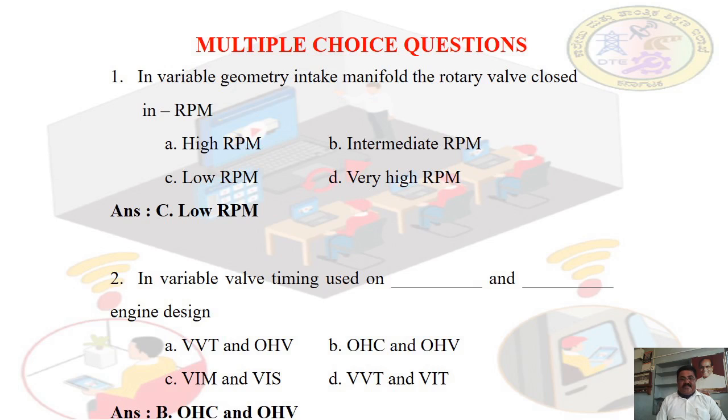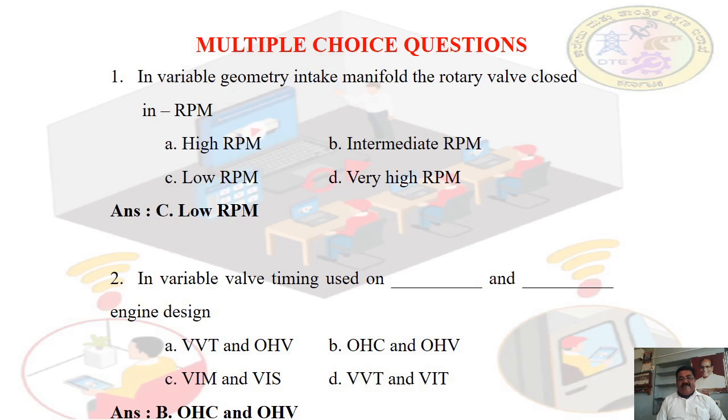Next question. Variable valve timing is used on dash and dash engine design. Option A, VVT and OHV. OHV stands for overhead valve mechanism. VVT, variable valve timing. Option B, OHC. OHC stands for overhead cam system and overhead valve system. That means OHC and OHV.